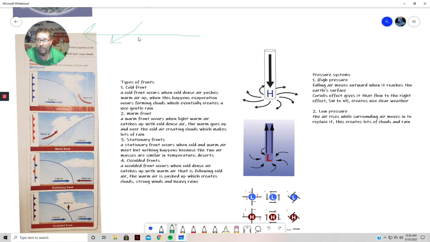All right, so now, fronts. This right here is my absolute favorite page in the textbook. And yes, if you're thinking, man, what kind of crazy looking picture is that? I couldn't find those images online anywhere to bring in, and I wanted to use the same pictures that are in your textbook.